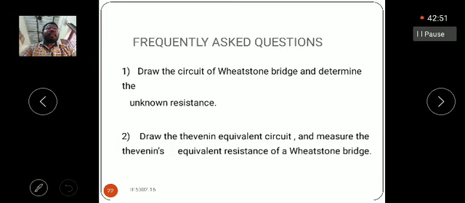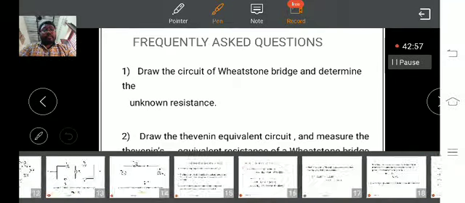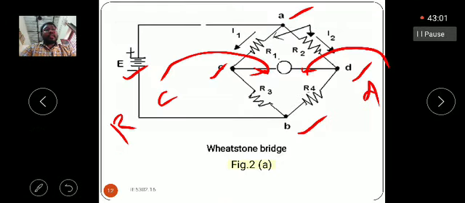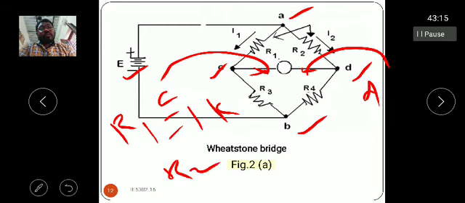For example, in the examinations they give the circuit diagram with resistors R1, R2, R3, R4, and then they give the resistance values: R1 is equal to 1 ohm, R2 is equal to 2 ohms, R3 is equal to 4 ohms.